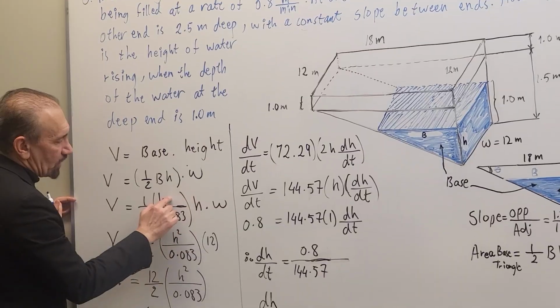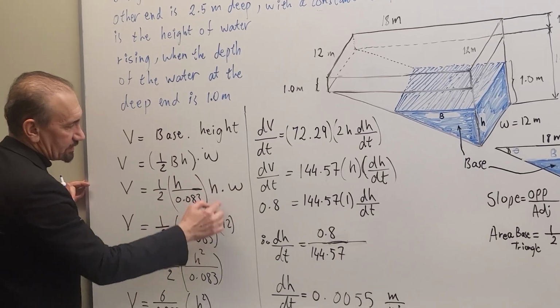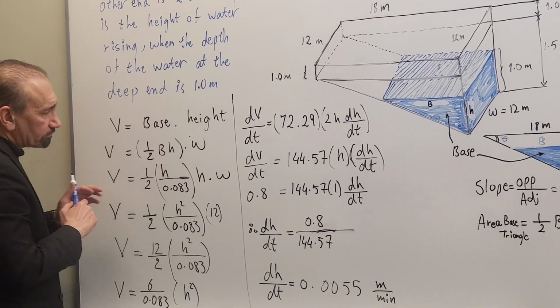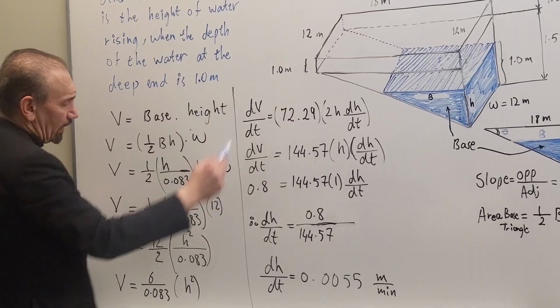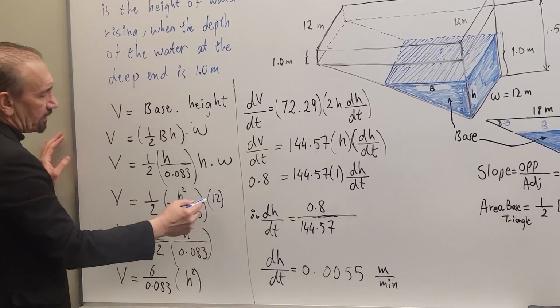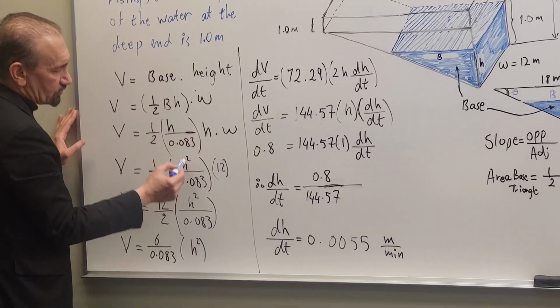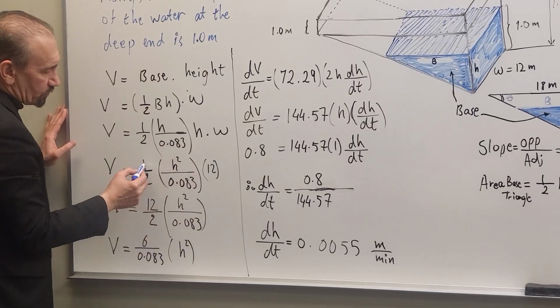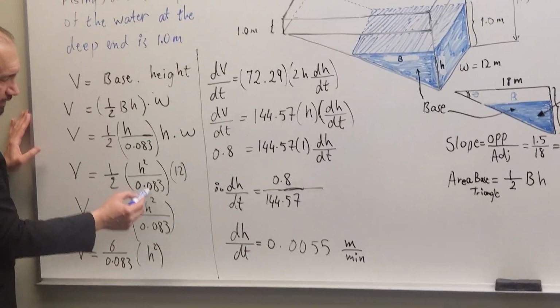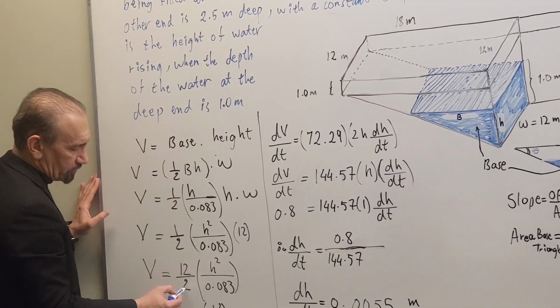I multiplied h times h, which is h squared, divided by this. The width is 12 meters. And then 12 times 1 over 2, the denominator is the same, and 12 over 2 is 6.